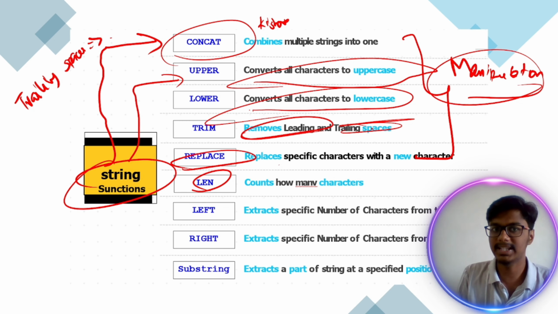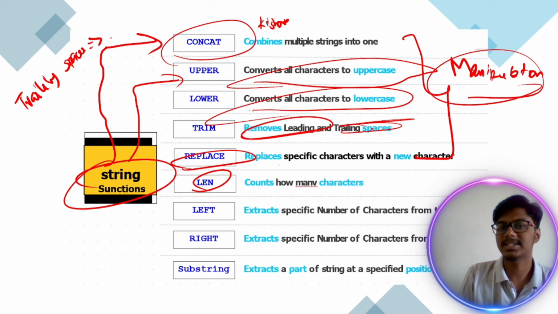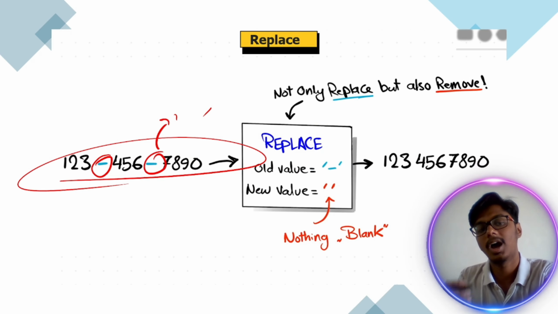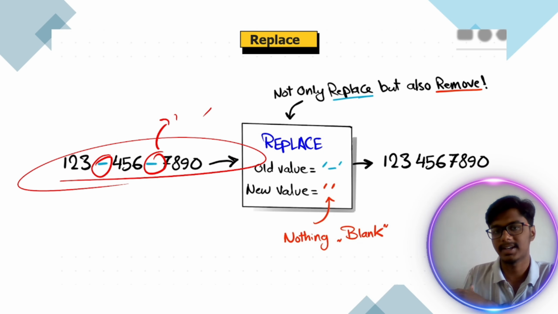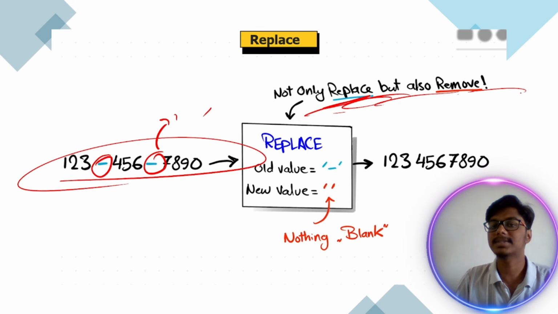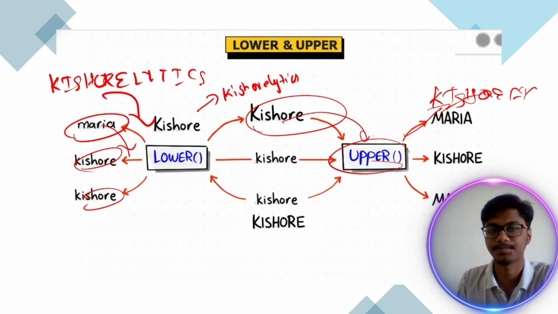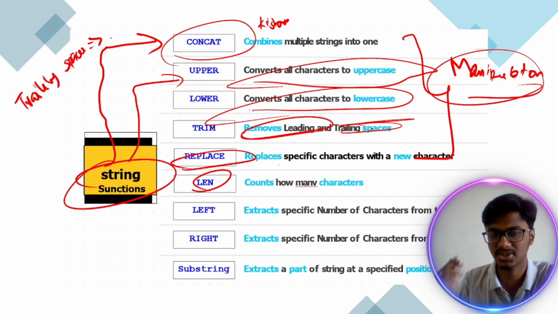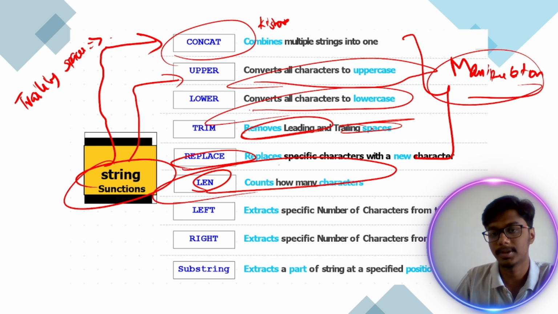And the replace function replaces hyphens with other characters; it not only replaces but also removes. And now we are going to learn about the calculation part.